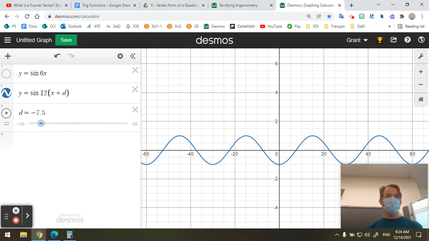If I do the algebra here and I multiply this in, I would have 12x plus 12 times negative 7.5. 12 times negative 7.5 is negative 90, right? So that will do it. That would be sine with a translation rightwards of 90 degrees.